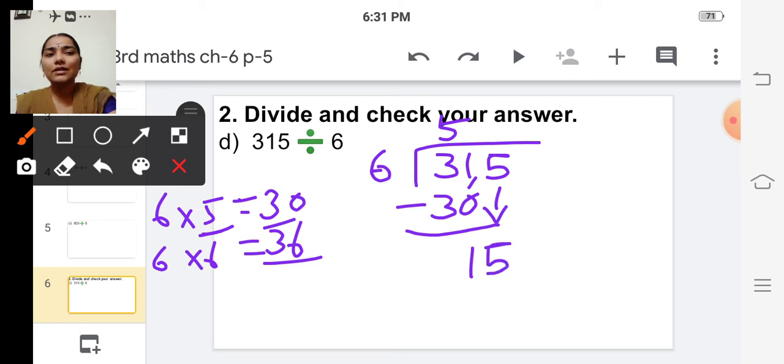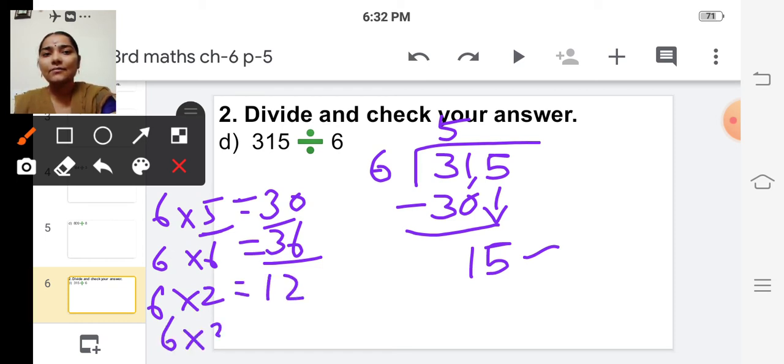So now the dividend is 15. So how many times will it go? 6 2s are 12 and 6 3s are 18. So 18 is greater than 15. So we cannot take this. So we can take 2 times.